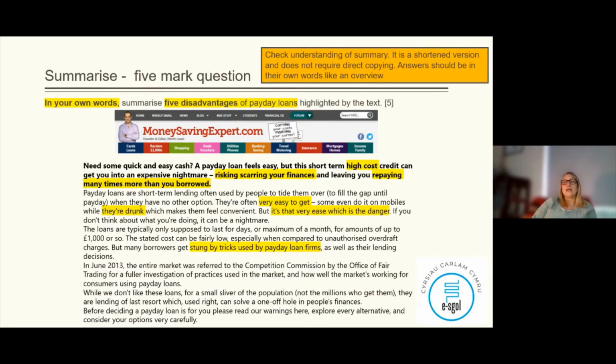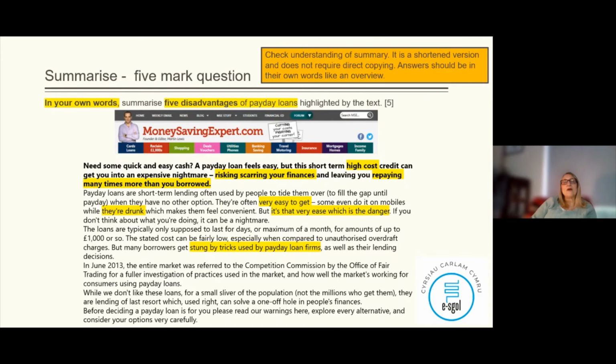So you could look at this high cost credit. It could risk scarring your finances, which means that in the long term, it might affect your finances. It could leave you repaying many more times than you borrowed. They're often easy to get, which is perhaps a bad thing because people might not have time to think about it before they commit to these loans.